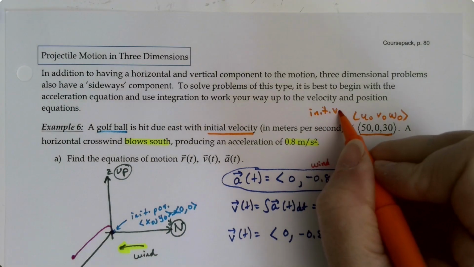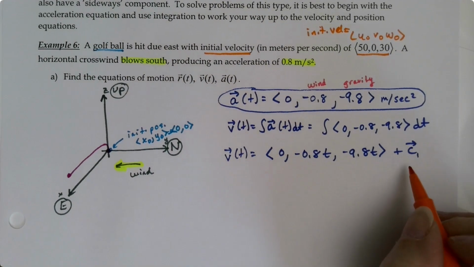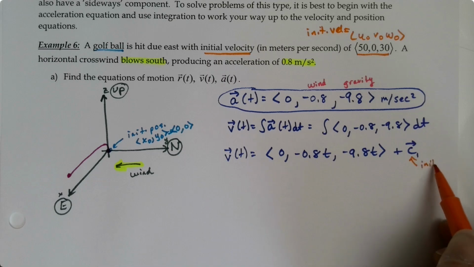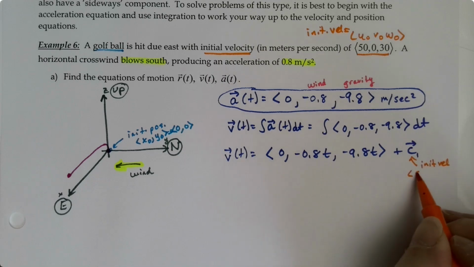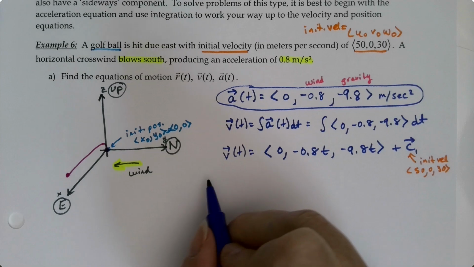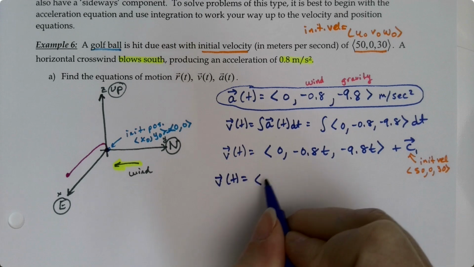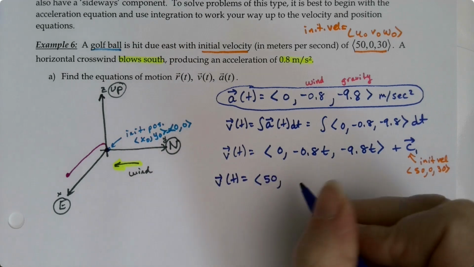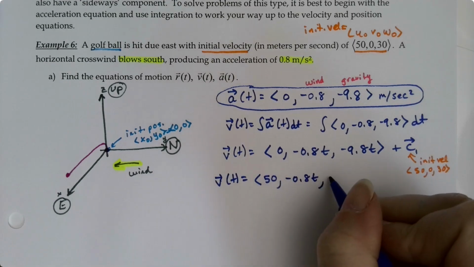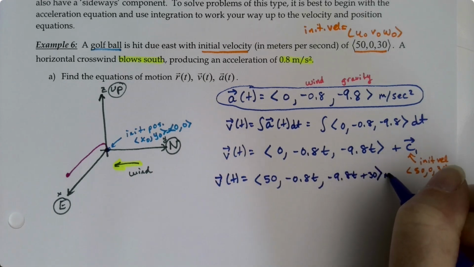Initial velocity. Okay, because of the way projectile motion works, this component here will be the initial velocity. So that would be 50, 0, 30. So we have our velocity vector. The velocity vector would be 0 plus 50, so 50, negative 0.8 t plus 0, negative 9.8 t plus 30. And that would be meters per second.